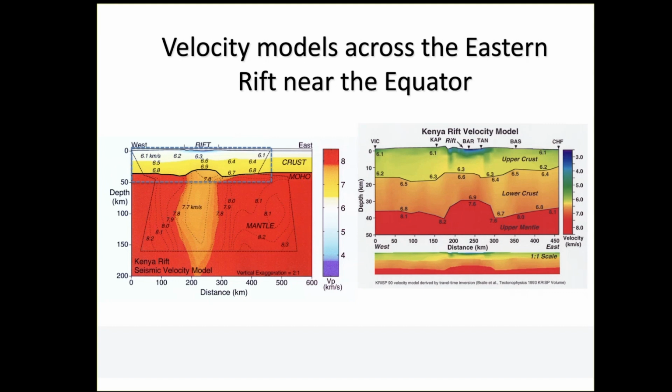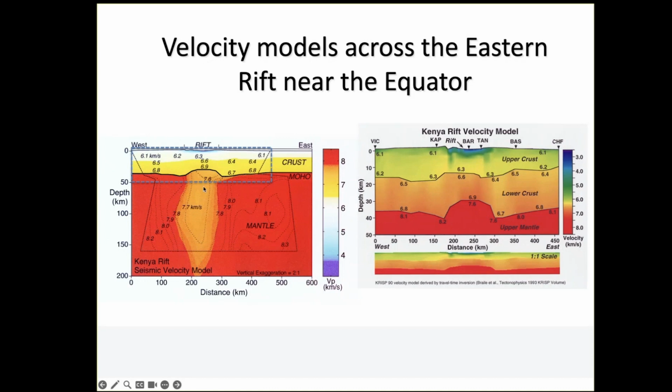These are clearly P-wave velocities, and you'll immediately go, oh, there's 8.1, that's the mantle, 6.8, this is the Moho. This line here is the Moho, right? This is the crust, upper crust, lower crust, upper mantle. So over here, looking at depth, we see low velocity mantle beneath the rift itself.